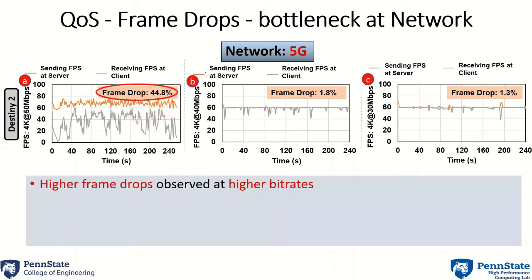The area between the orange line and the gray line represents the average frame drop. We observe that as the encoding bitrate is increased to 50 Mbps, the frame drop increases to 4.8% compared to negligible drops when encoded at 40 Mbps. It can be attributed to two factors. First, an increase in network latency, which is in turn due to the increase in encoded frame size as the bitrate is increased.